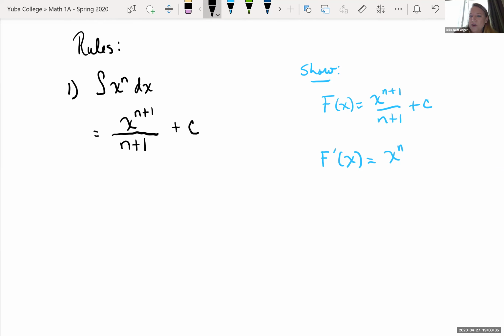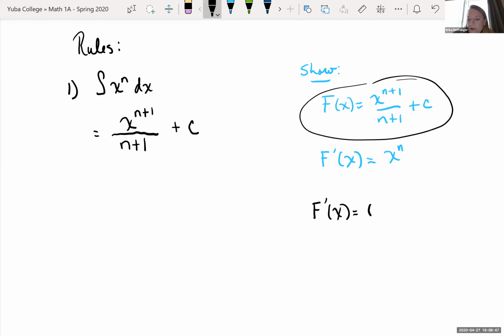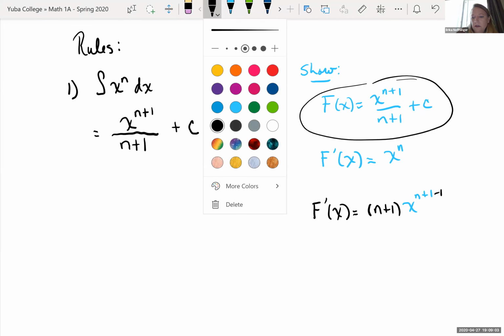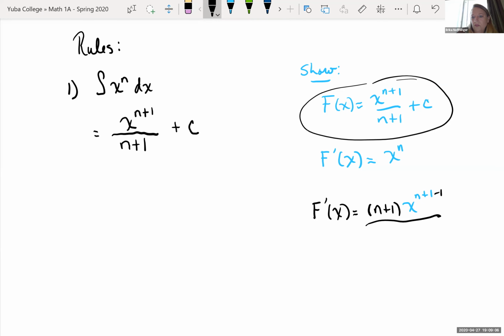So if I take the derivative of this, that tells me I need to bring my power down front, which is my n plus 1, times x to the n plus 1. I had to subtract 1 from my power when I take the derivative. And this was all over n plus 1, plus the derivative of a constant, which is 0.